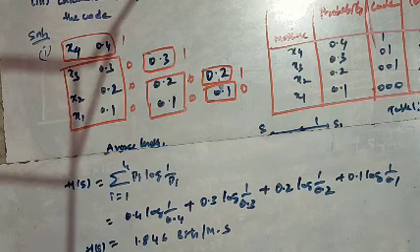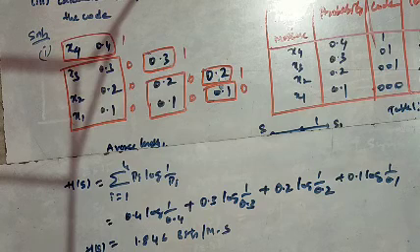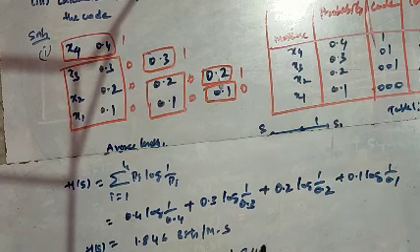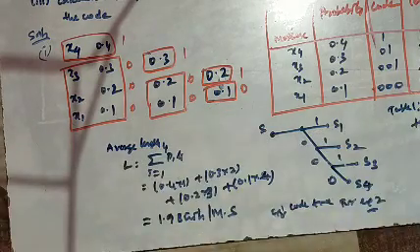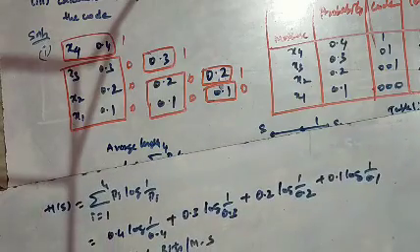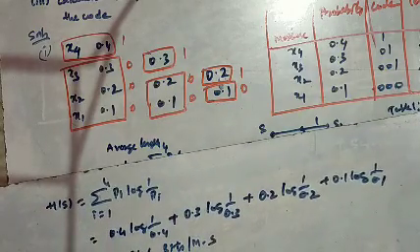Now the efficiency. Efficiency is equal to H of S divided by L. H of S is 1.846 and L is 1.9.